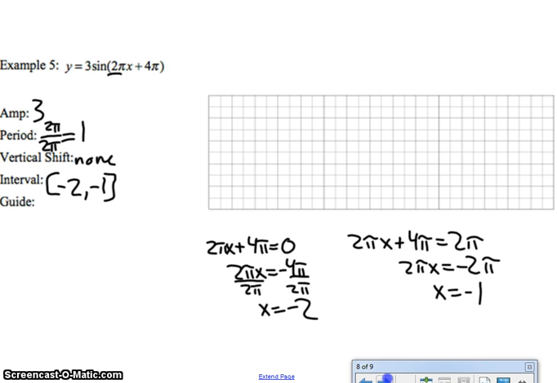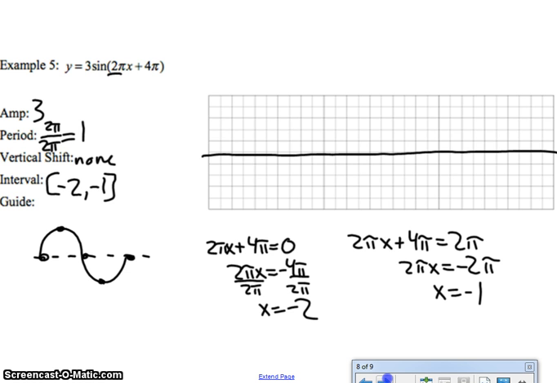All right. And now when I do my guide, this is sine. So sine's going to start and end at the x-axis. Go up first and then down. All right, so now this time, when I'm doing my scaling, my interval is not in terms of pi. So I want to count by like 1s and 2s. And actually, since it's negative, I want to make sure I can see more of the negative portion of the x-axis.